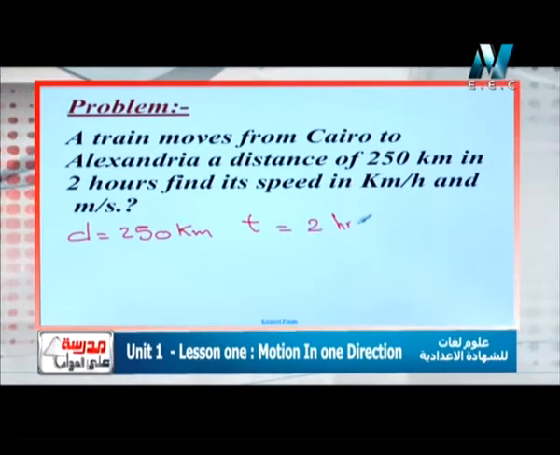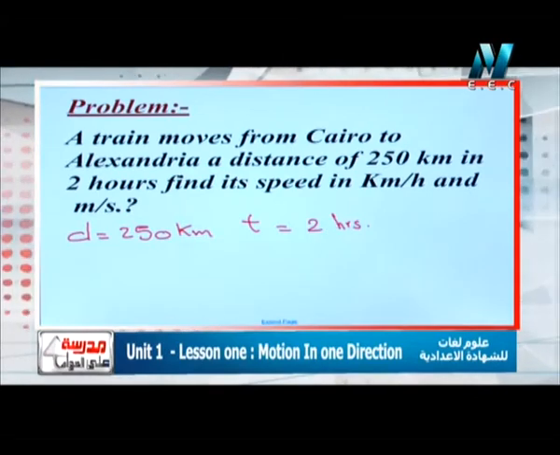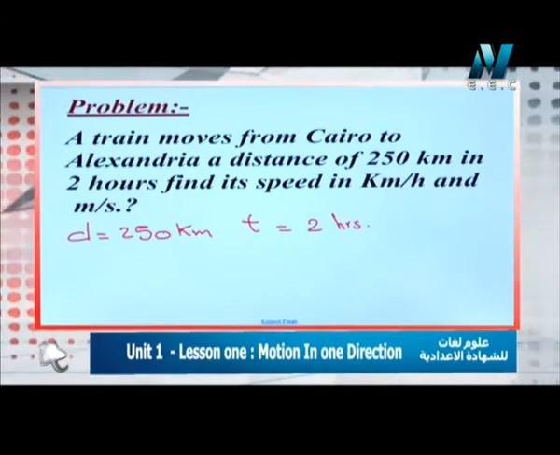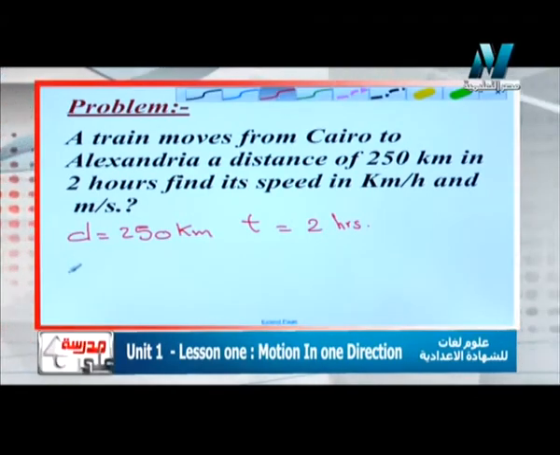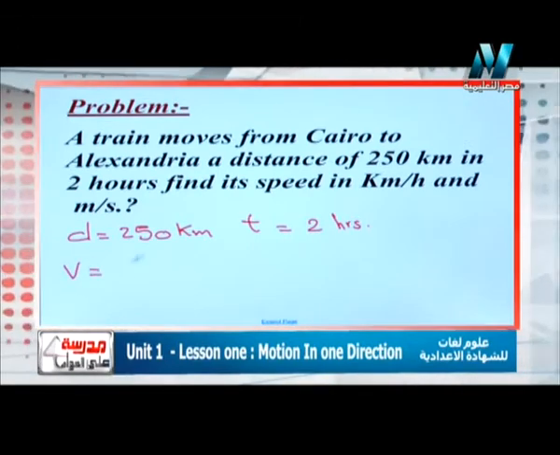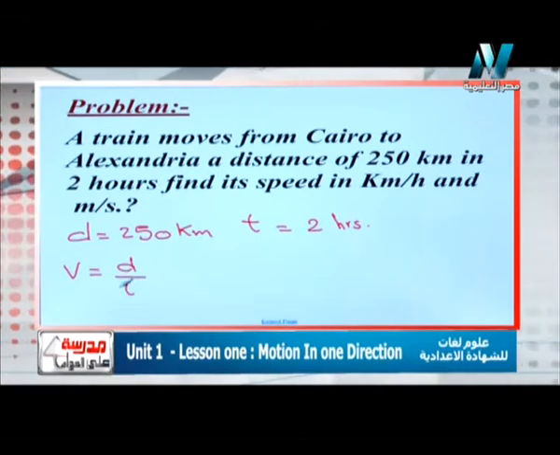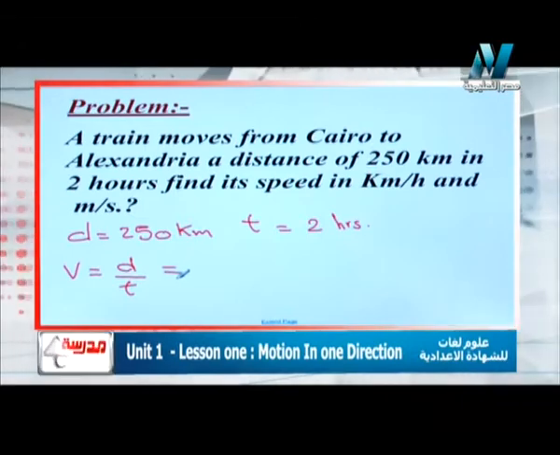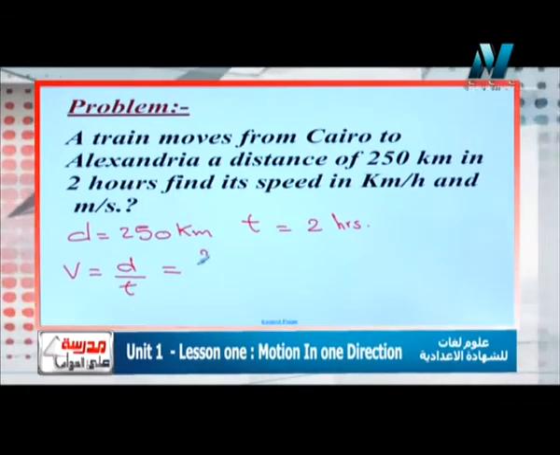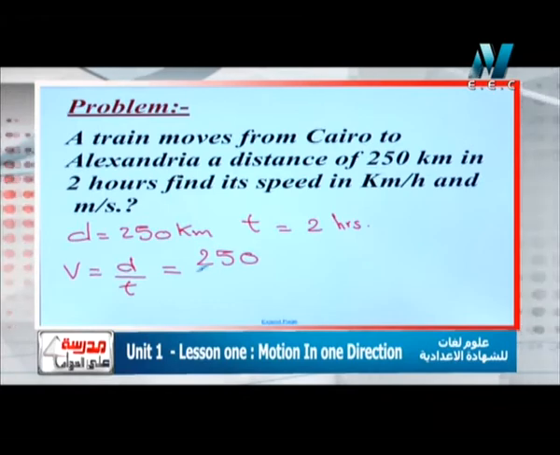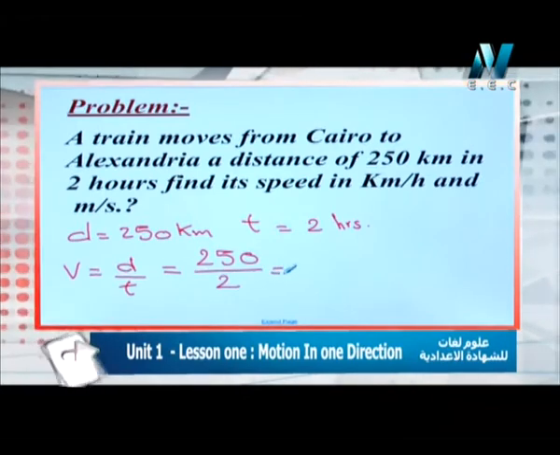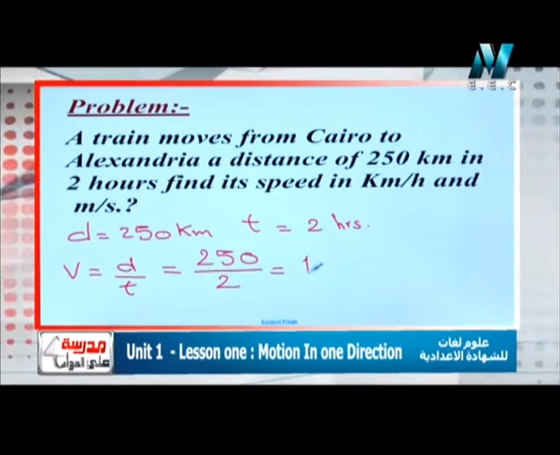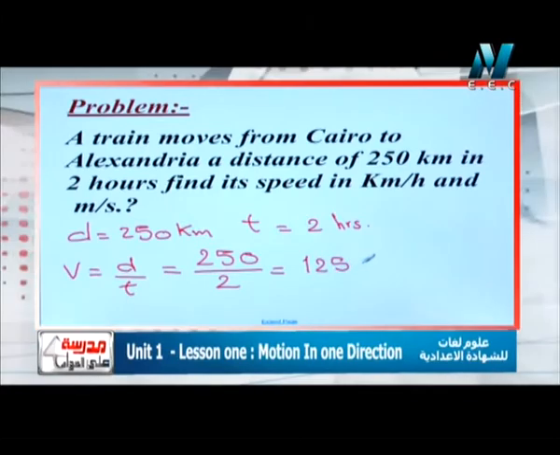Very good. What do we do next? From the magic triangle, we know what? V equals D over T. So we have 250 over what? Over 2 hours, equals 125 what?